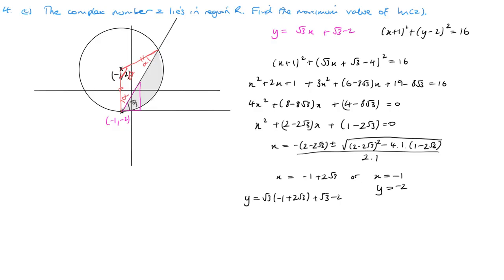Okay, and then when I substitute this into here, I get y equals 4. Okay, and that is the answer, because it was the imaginary value that we're looking for. So the maximum imaginary value of z is just 4. And there we have the final one.